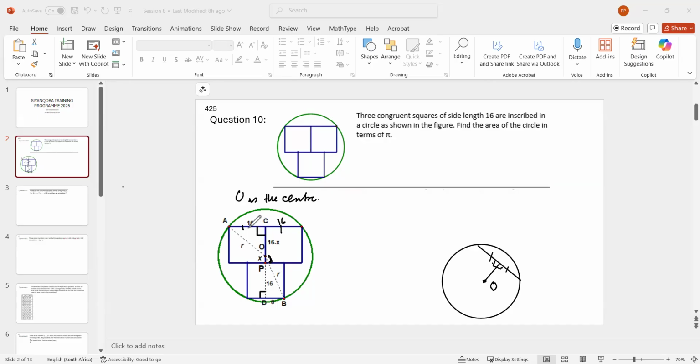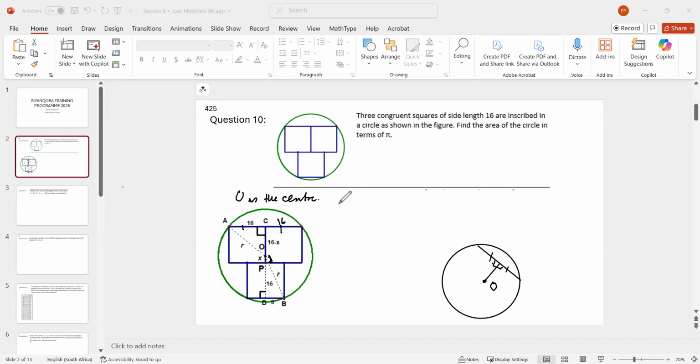Now I'm going to get equations involving the radius. The two right angle triangles, this one here and this other one here, give you two equations from the theorem of Pythagoras.